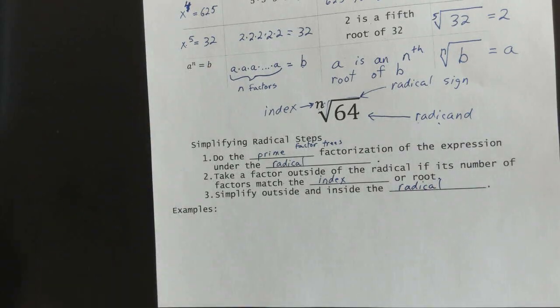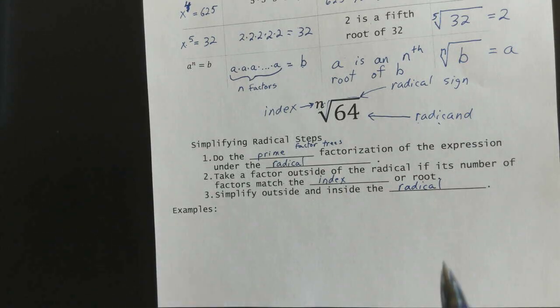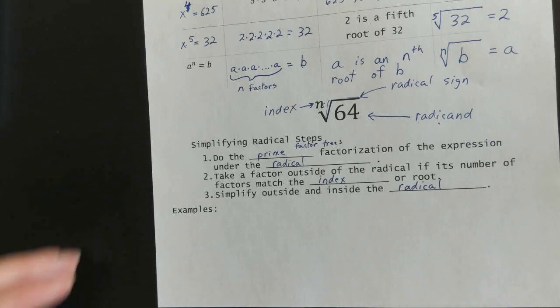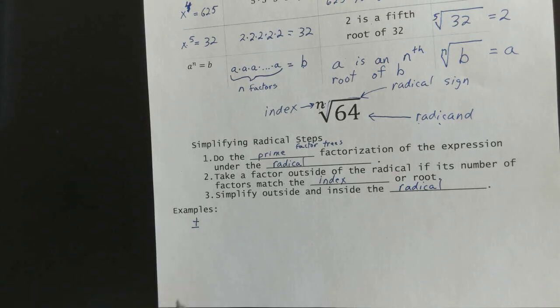You're going to have stuff on the outside and stuff on the inside. You simplify. Most of what we do today will not have much inside. We're going to save that for a little later in the week. All right? We're simplifying radicals. So, examples. Let me start with a square root first.